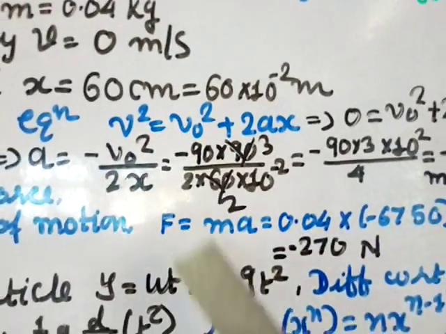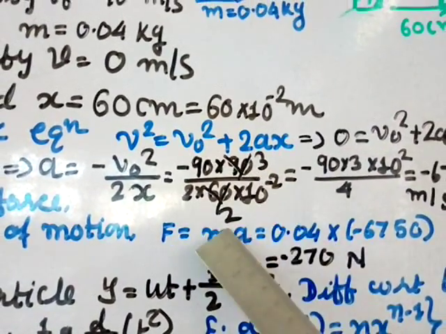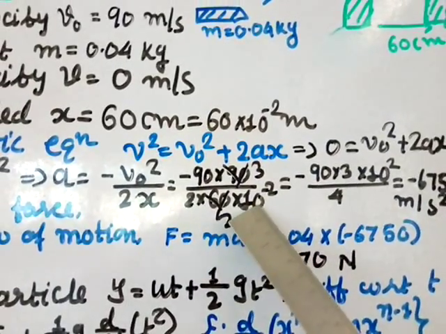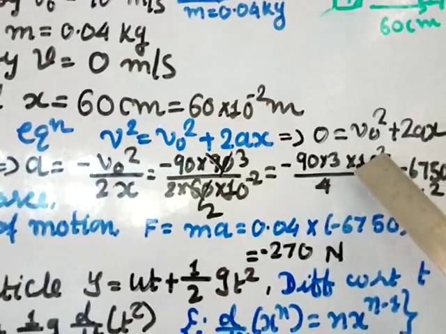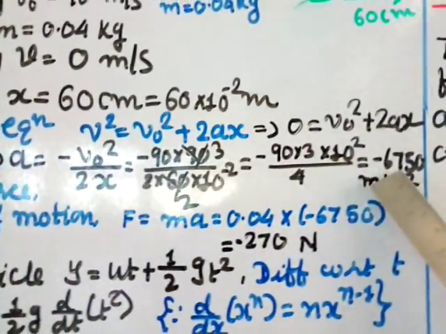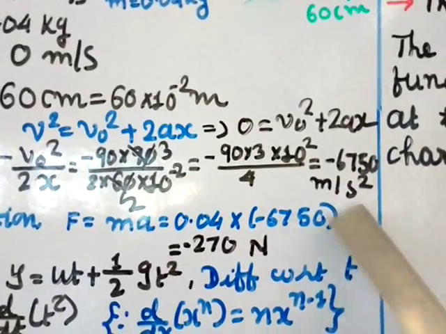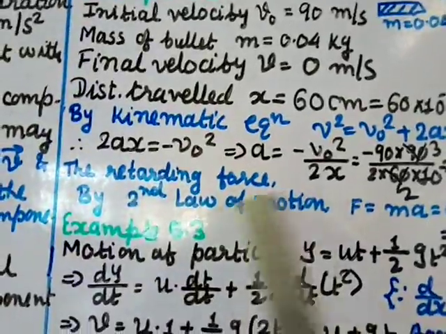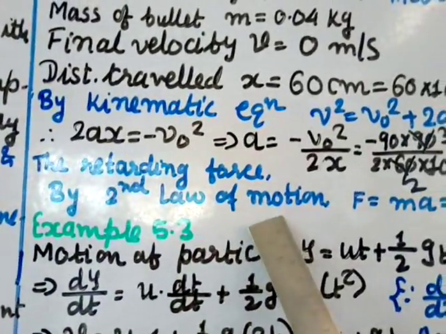So put the value, then you can cut this. So you get here 3 and 2. Then here you get minus 90 into 3, and this 10 power minus 2, if you take it in the numerator, it becomes plus power, and 2 into 2 is 4. If you find this division, you get 6750 meters per second square, that is minus, because it is retardation. The retardation force by the second law of motion is F equals ma, the formula I have given you before.